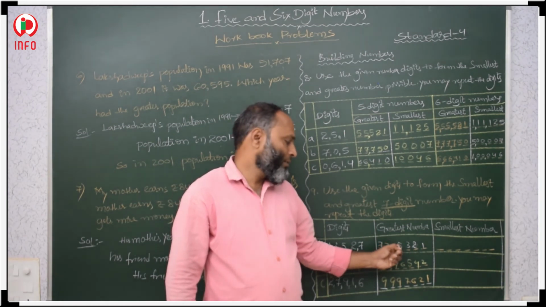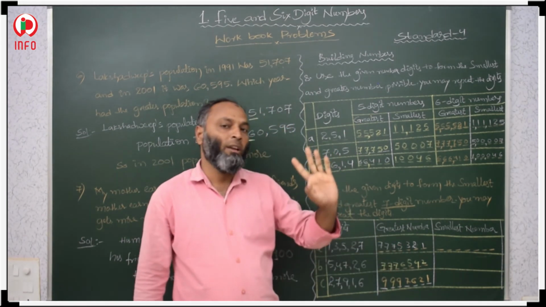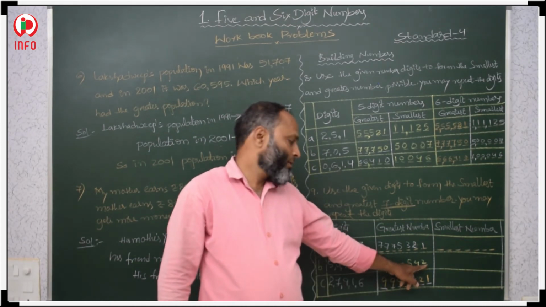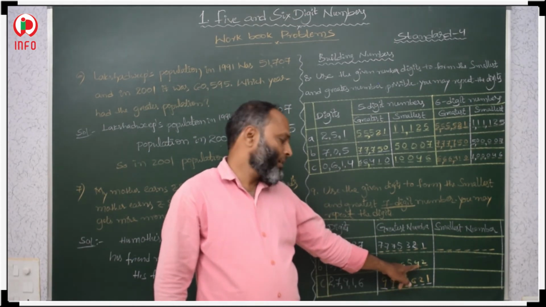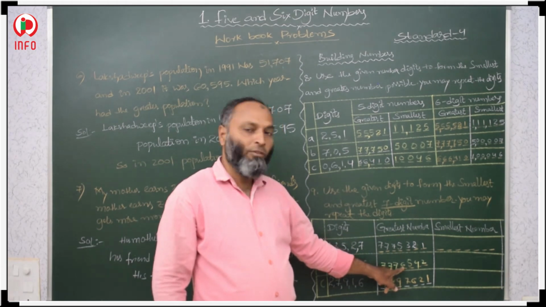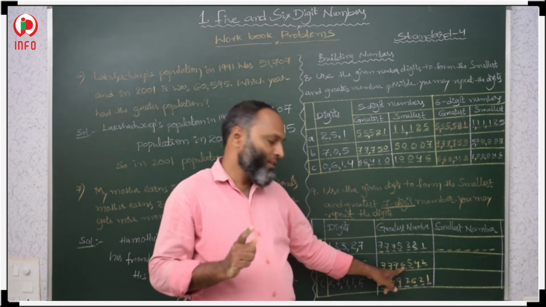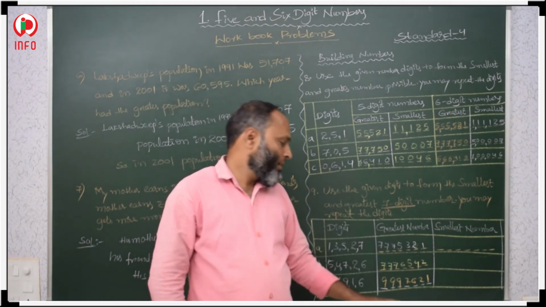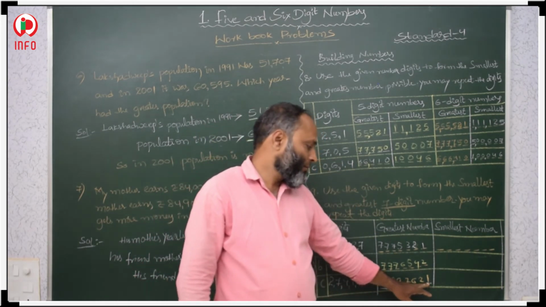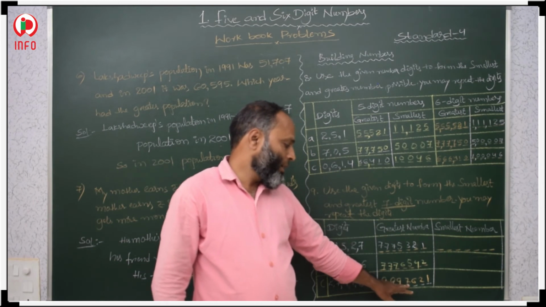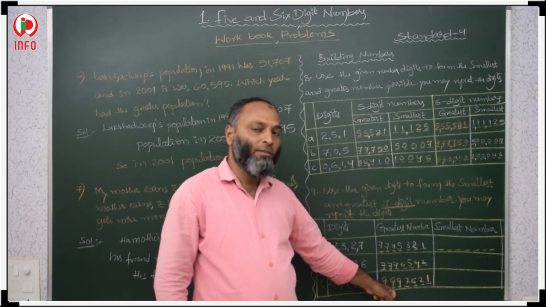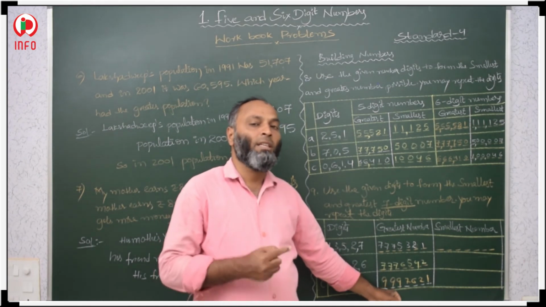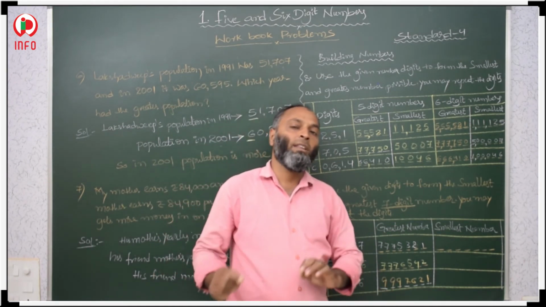If one digit is left, that digit you have to fill in the remaining places, however many places are left. Then you will get the greater number.